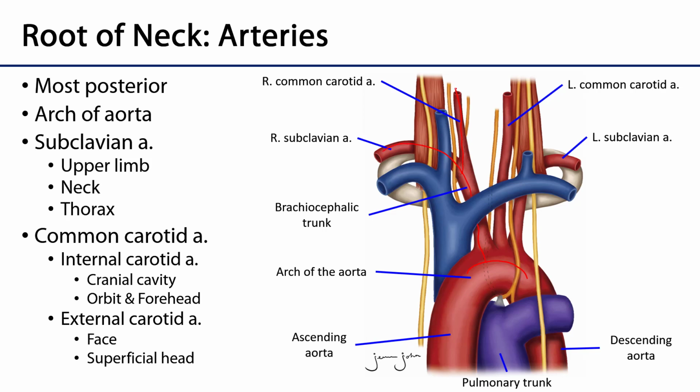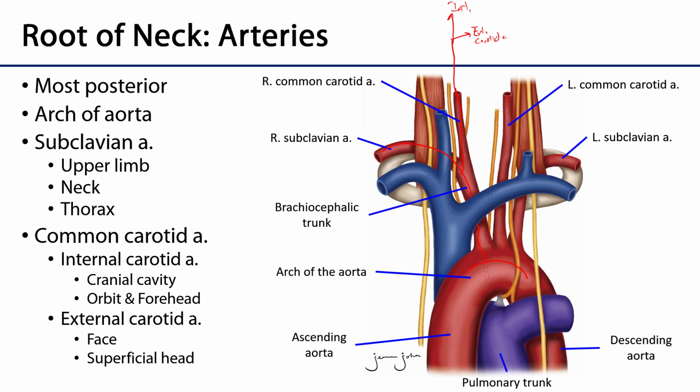The right common carotid artery is going to ascend in the carotid sheath, and then it's going to give out its terminal branches, the external carotid, which leaves the carotid sheath. The external carotid is going to serve the face, superficial head, and neck. The internal carotid artery is going to enter into the skull through the carotid canal of the temporal bone. And it's going to serve the contents of the cranial cavity as well as the orbit, the eye, and the forehead.